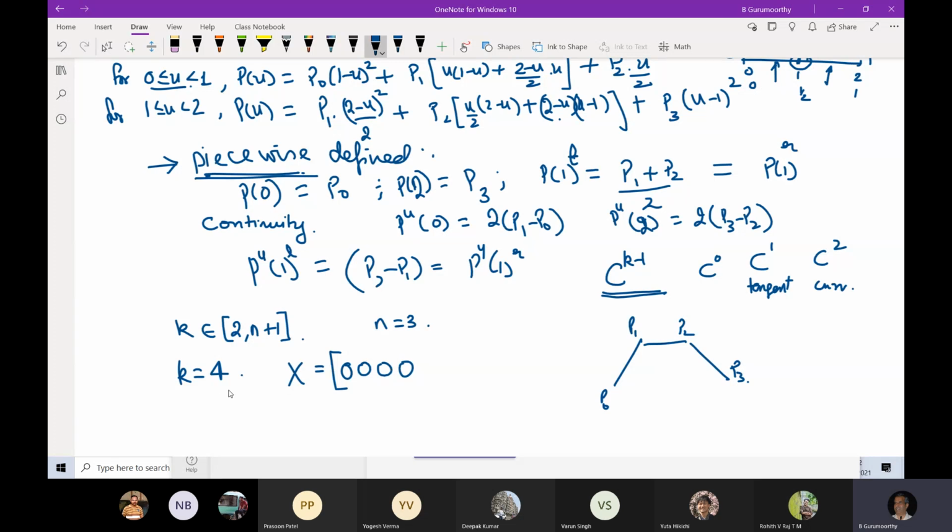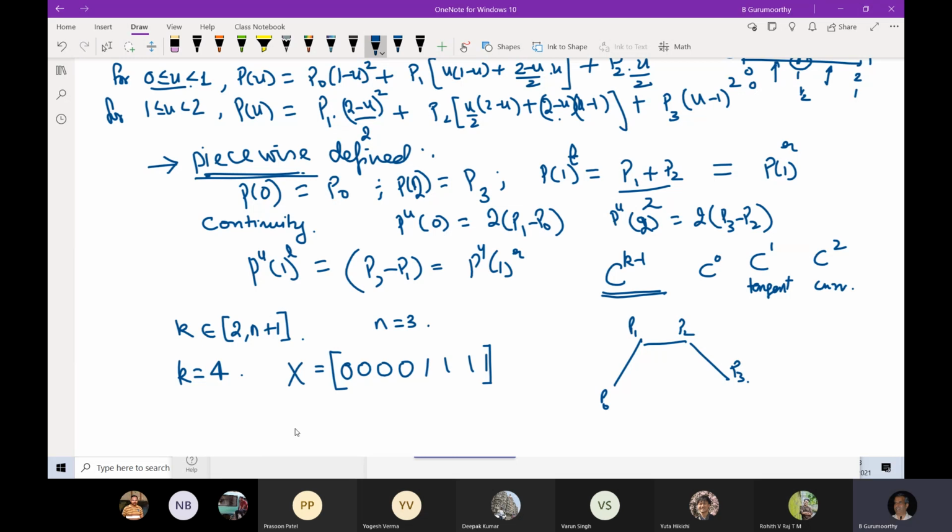First of all, how many terms will we have? N plus k plus 1, so 4 plus 3 plus 1, so 8 terms. But the first 4 are gone. So the last 4 in this case now are n minus k plus 2. And what is n minus k plus 2? So that's the knot interval, knot vector, sorry.